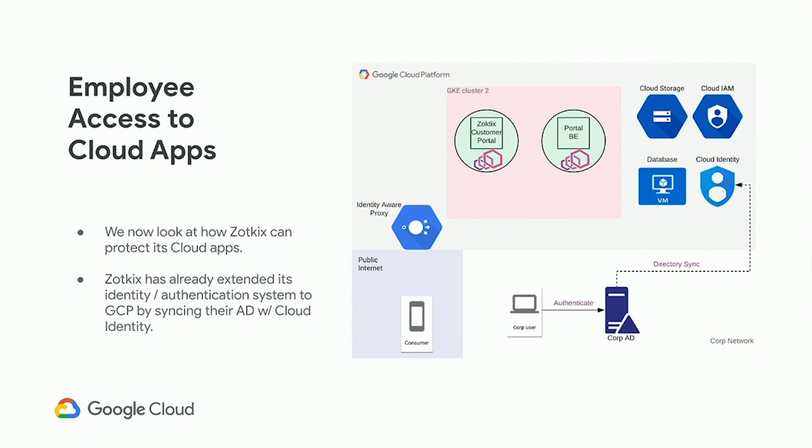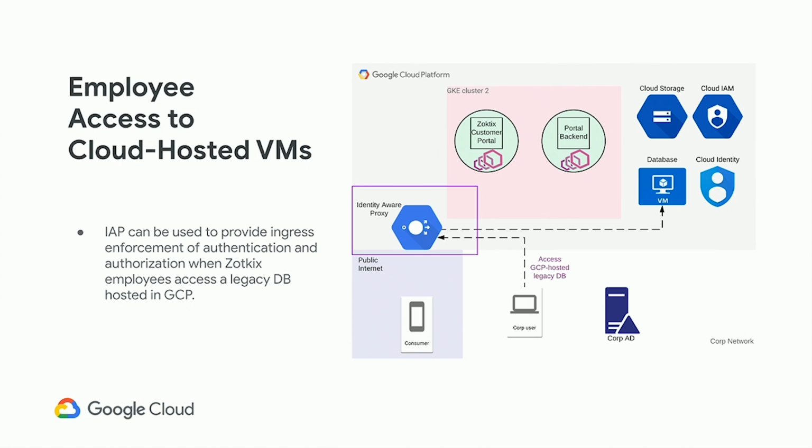Let's now look at how Zoctix can protect its cloud apps. So we are assuming here that Zoctix has already extended its identity and authentication system to GCP by syncing their Active Directory with Cloud Identity, as Naveen went over earlier. In this case, Zoctix has deployed a legacy application in a cloud-hosted VM.